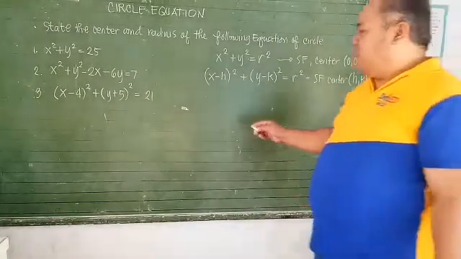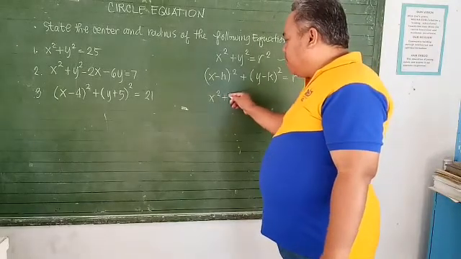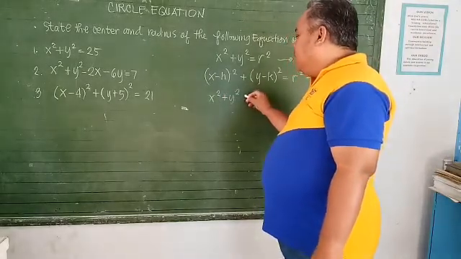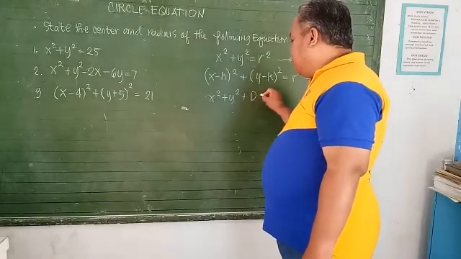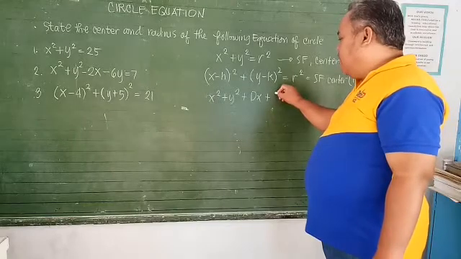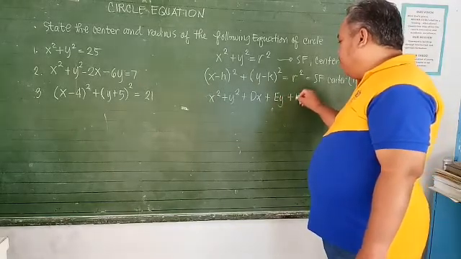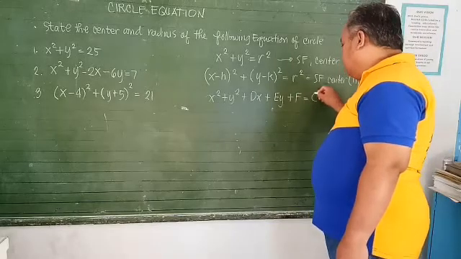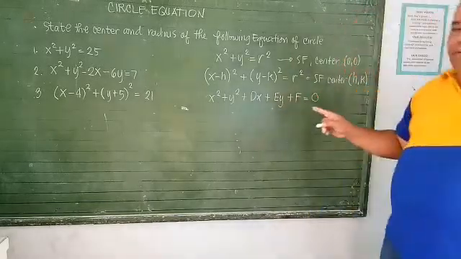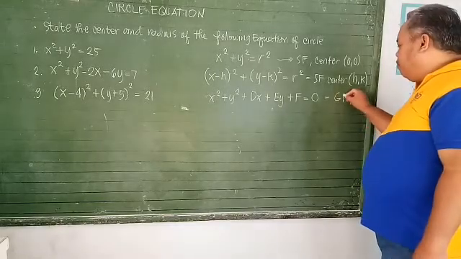Another one is this type of equation: x squared plus y squared plus dx plus ey plus f equals 0. This is another form of the equation of a circle, known as the general form.